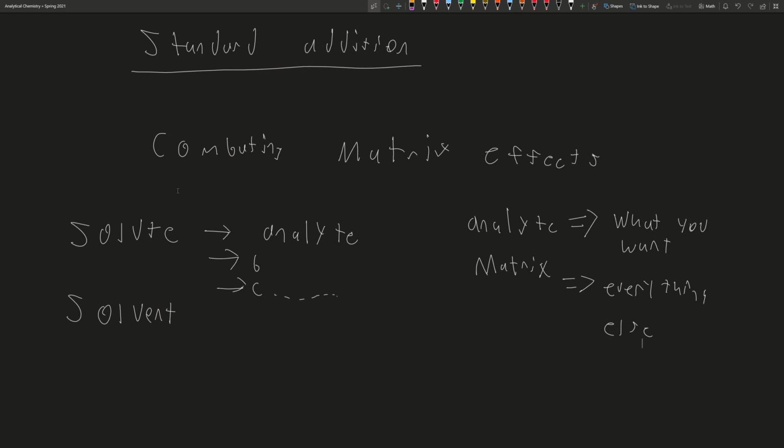It may not always be possible to 100% separate the matrix from the analyte. Or, for instance, we may not be able to prove that we 100% separated the matrix from the analyte. And so we need some way to confirm that if the matrix is still there, it's not interfering with our analysis of what we are looking at. So this is where the idea of standard addition comes in.